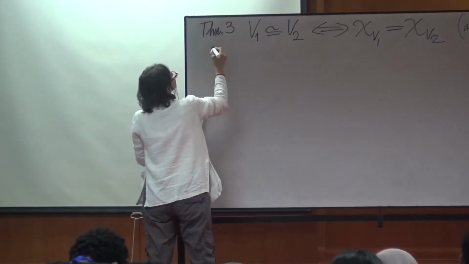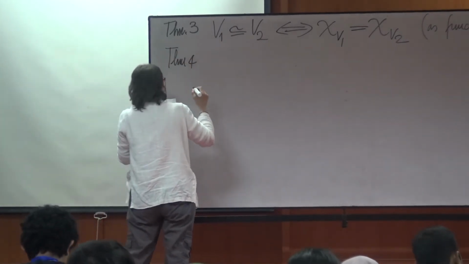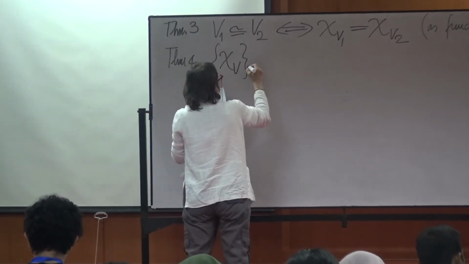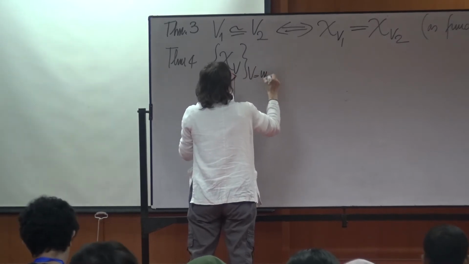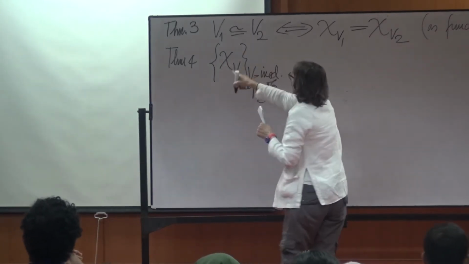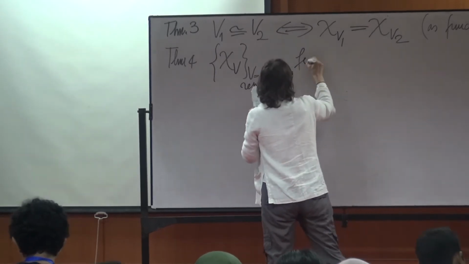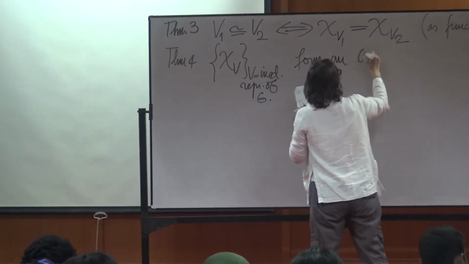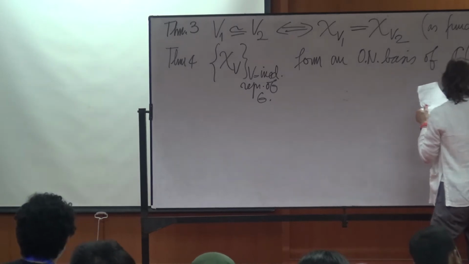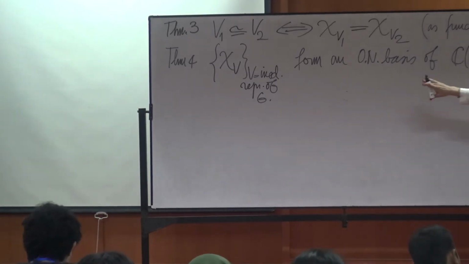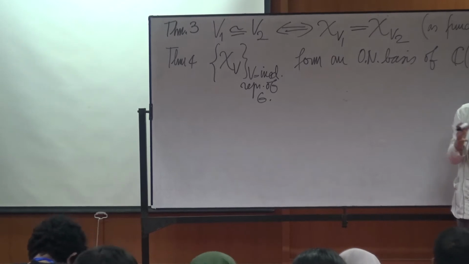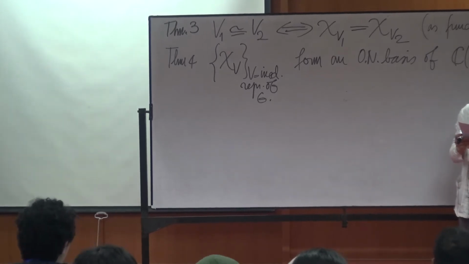And Theorem 4 says that if you have the set of characters of G, where V is irreducible, then this set of functions forms an orthonormal basis of the space of class functions, where orthonormal means with respect to the inner product that was defined last lecture.